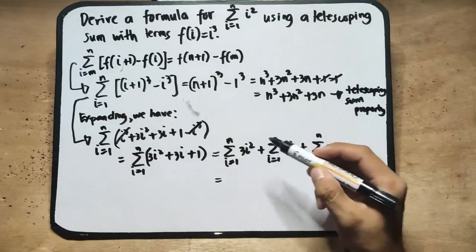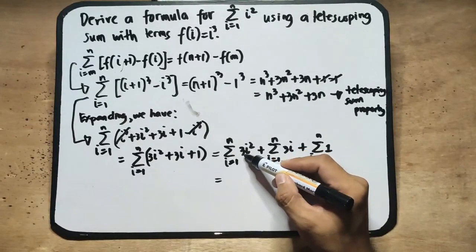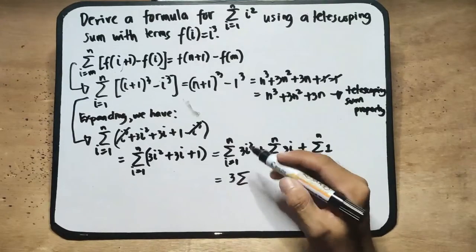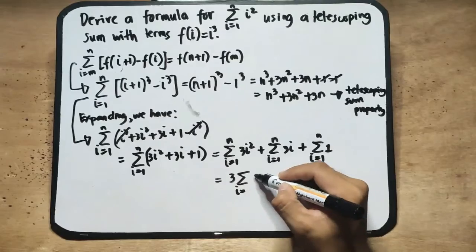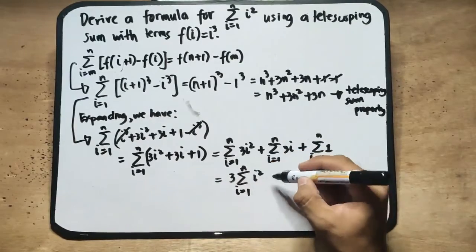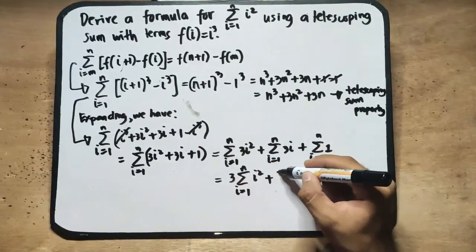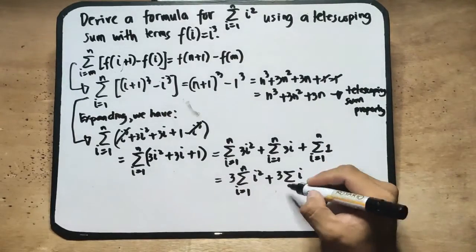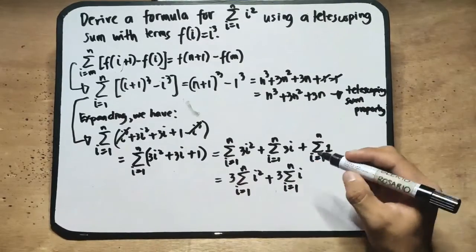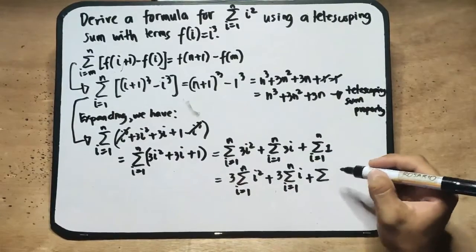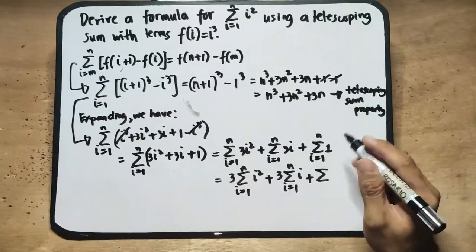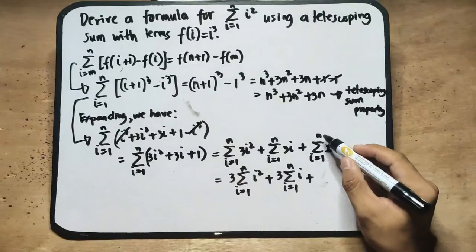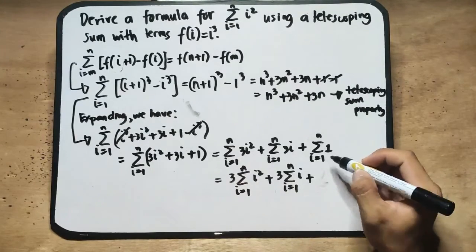So simplifying further, since may numerical coefficient siya, pwede natin siyang ilabas: 3 times the summation of i squared from 1 to n. Same also here, ilalabas natin siya: 3 times the summation of i from 1 to n. And then the summation of 1, or kapag constant yung nandyan, we simply multiply that doon sa upper limit. So n times 1 is n.